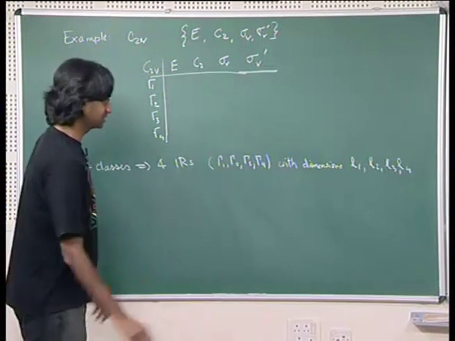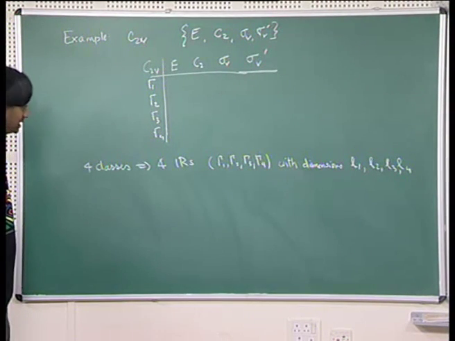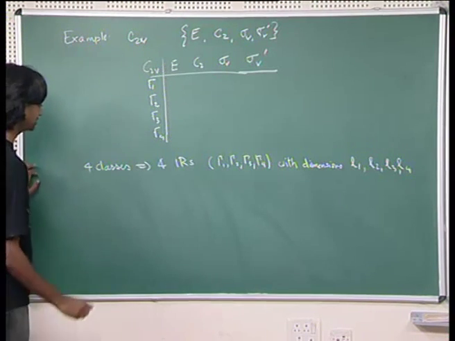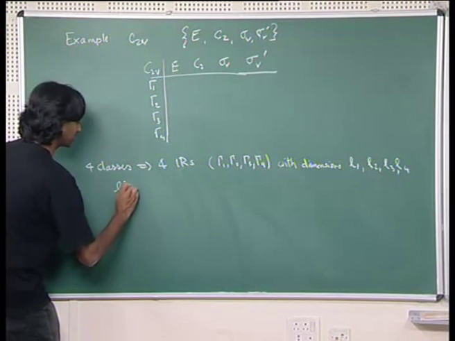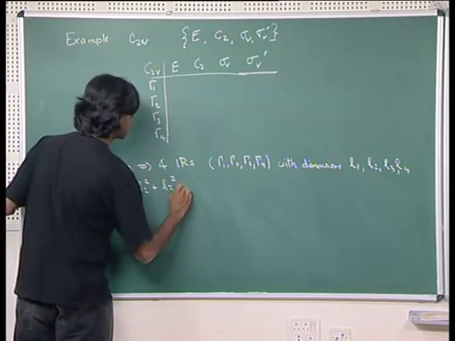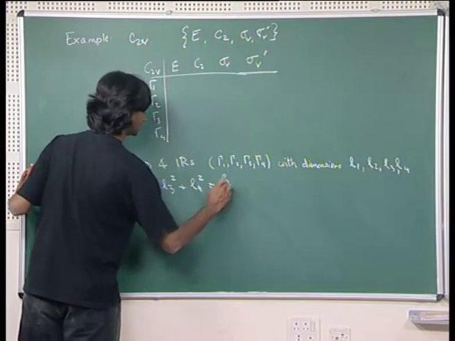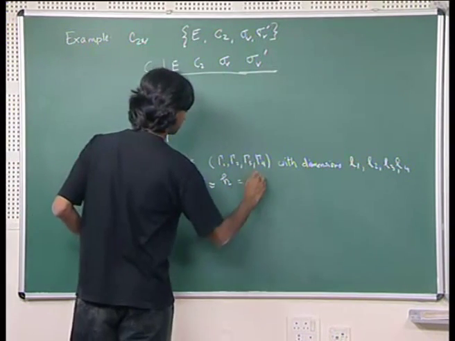We just denote them by L1, L2, L3, L4. Now, first thing you will say is that L1 square plus L2 square plus L3 square plus L4 square is equal to H, and H is equal to 4.